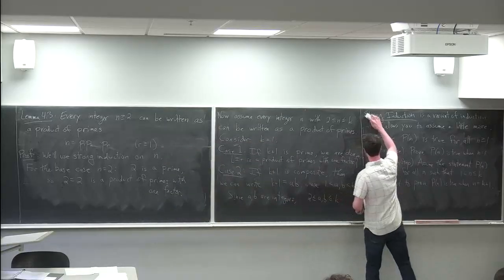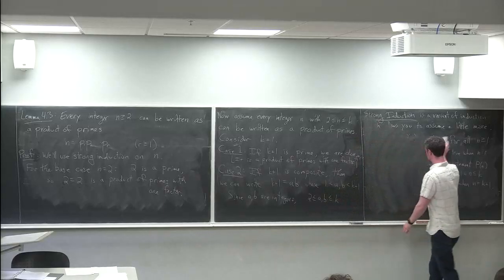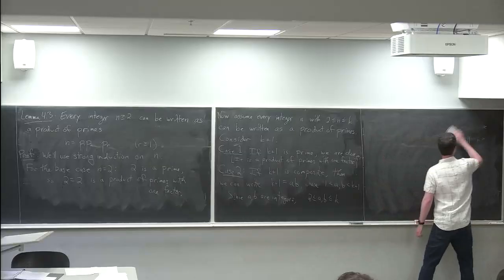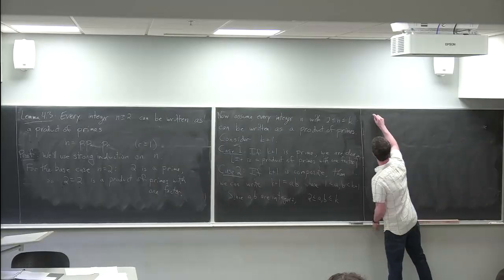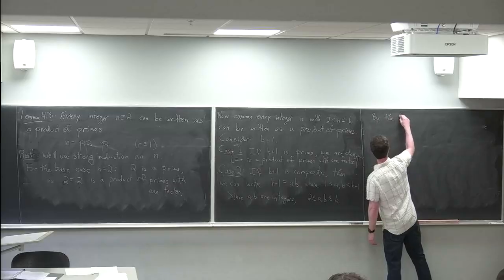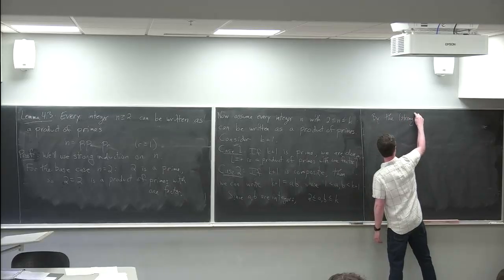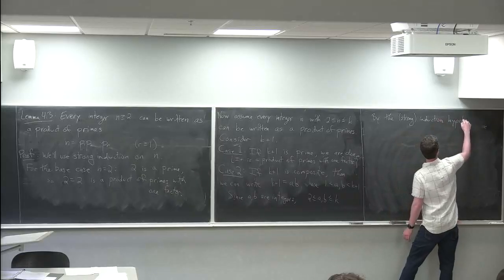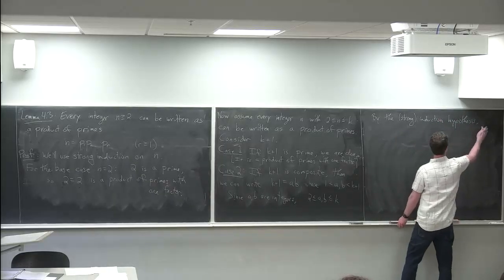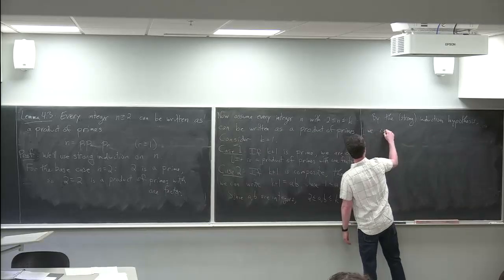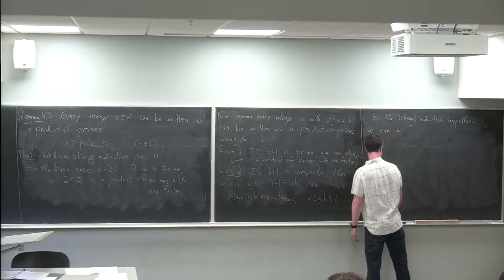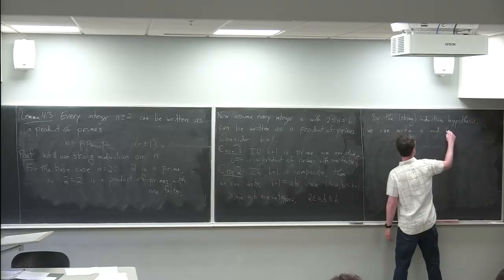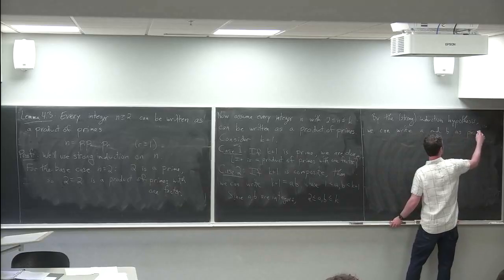Okay, so by the strong induction hypothesis, we can write these two numbers, A and B, as products of primes.